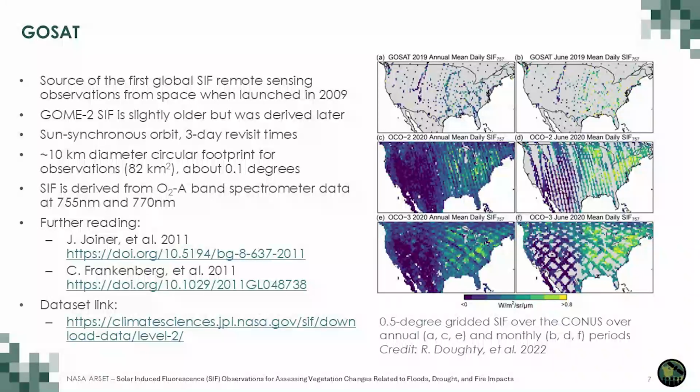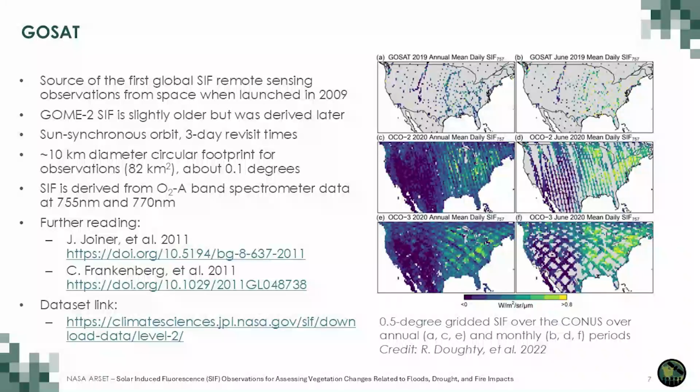Like many other Earth-observing satellites, such as OCO2, GOSAT has a sun-synchronous orbit. So it will see a point at a given latitude at the same solar time every single orbit. While GOSAT improved upon the resolution of GOM, it's still only about 0.1 degrees, so it's best used for ecosystem level analysis.